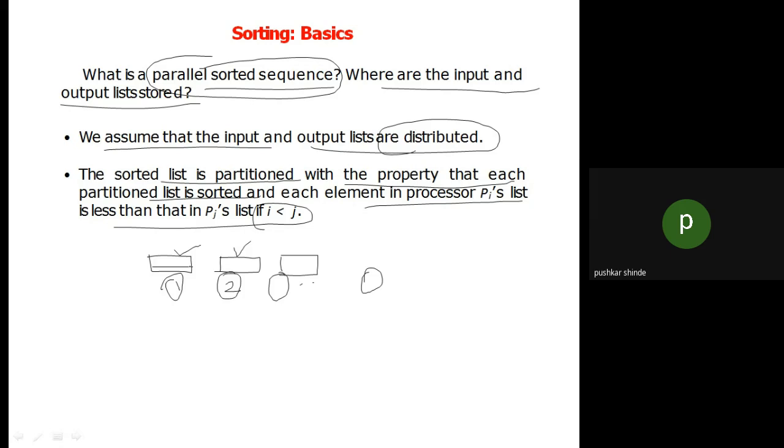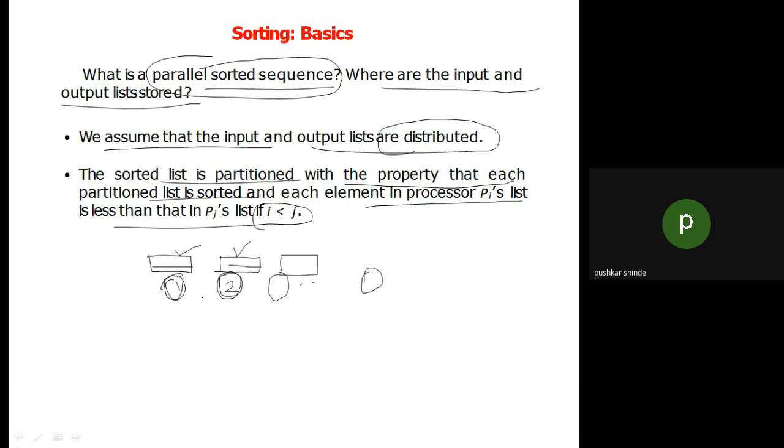So the output will be sorted once the partitioning and the sorting is done. The list with processor 1 will be less than the list with processor 2. This will be the output after the sorting is done.